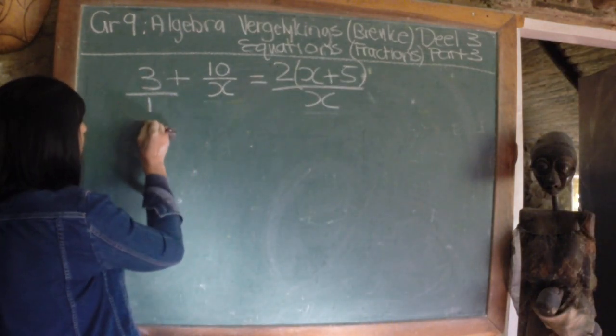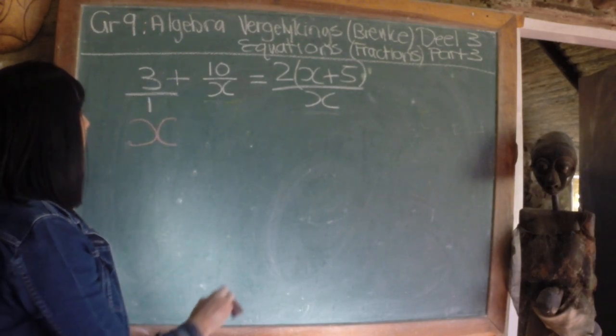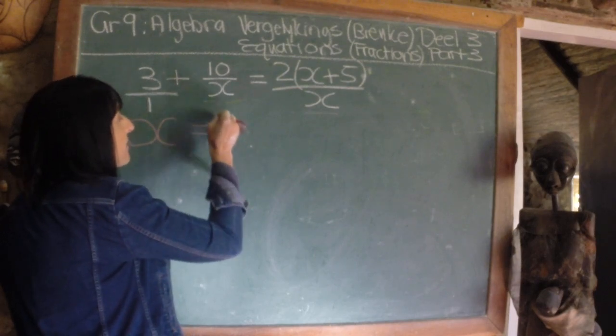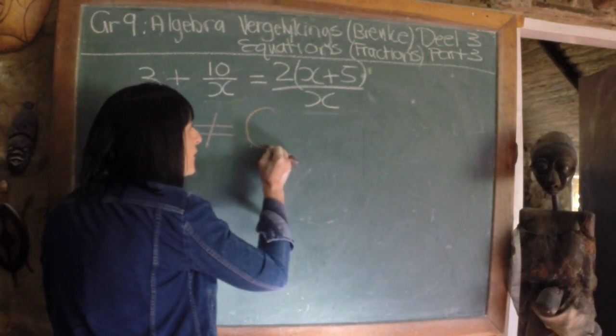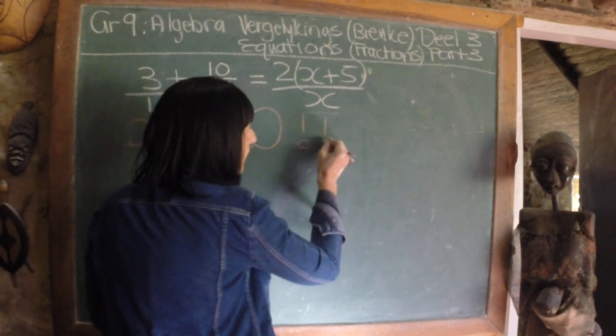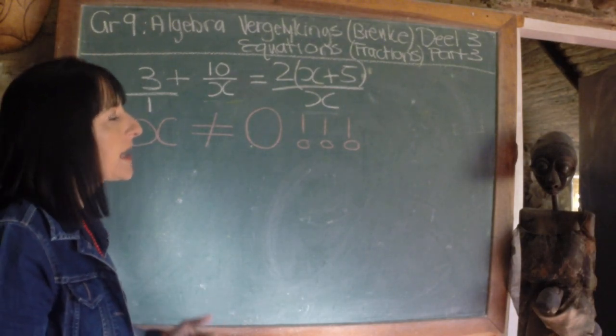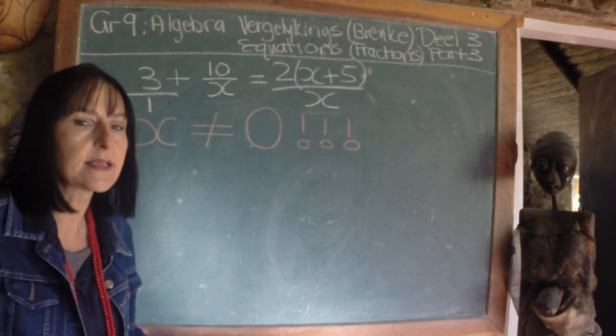So the first thing that I must do before I even think of going on with the sum, I must write there that x can definitely not be 0. Very, very important. Before I go on, x may not be 0.